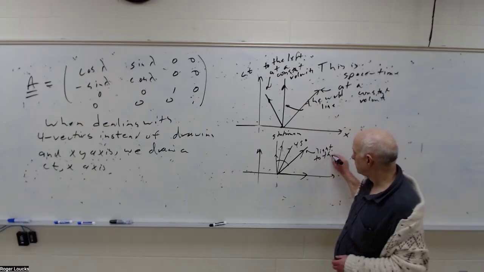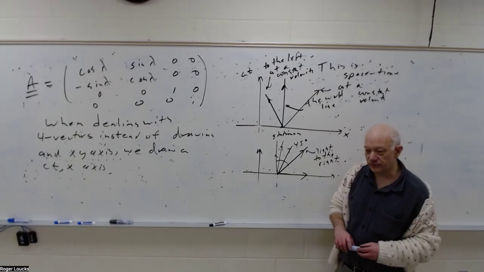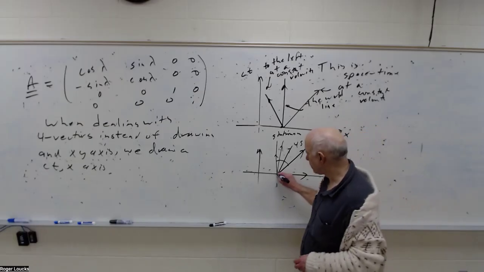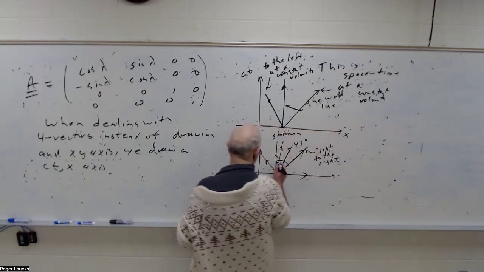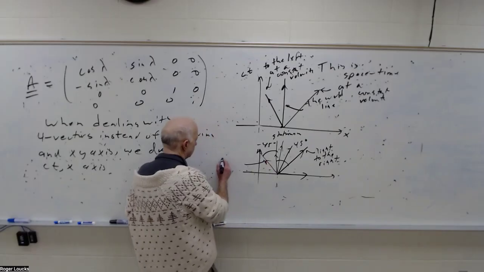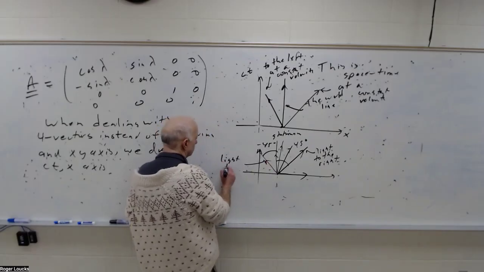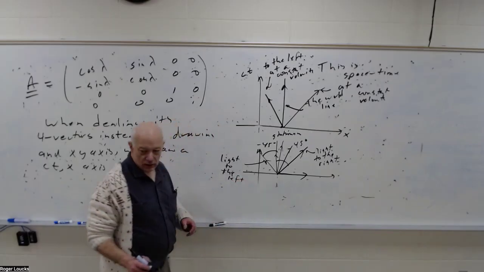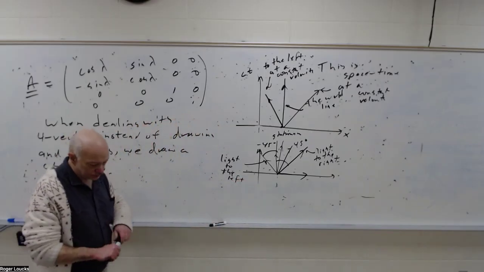Suppose instead my light is going to the left. That's gonna be a 45-degree angle this way. So this would be a light to the left.